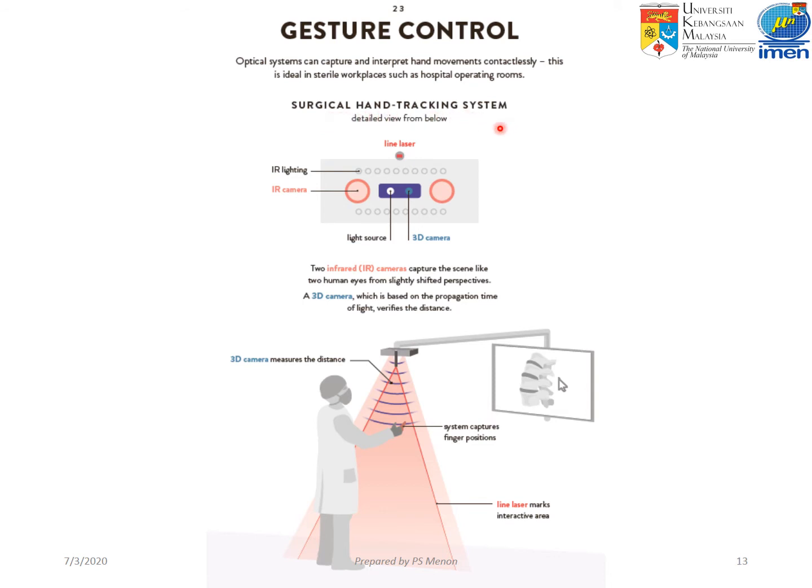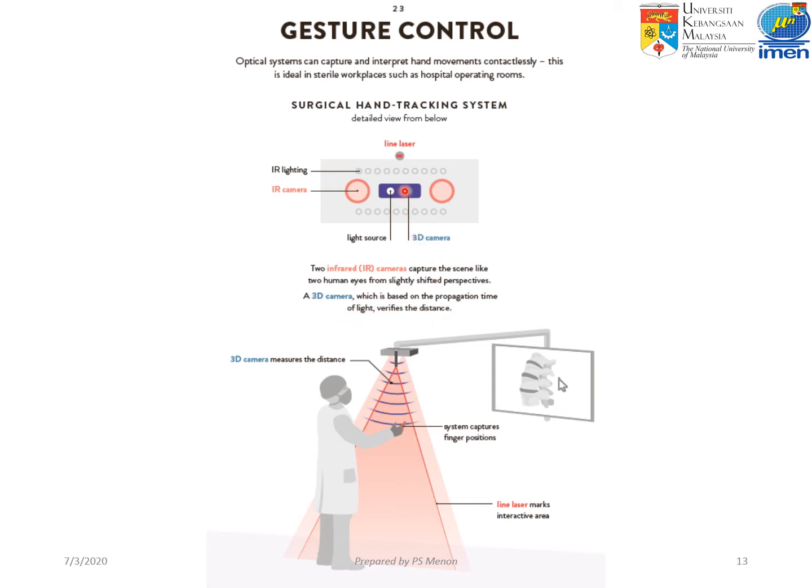So basically it comprises a line laser, and also there is an IR lighting, an IR camera, a light source, and also a 3D camera. So you have two infrared cameras, we call them IR cameras. They capture the scene like two human eyes from slightly shifted perspectives, and then a 3D camera which is based on the propagation time of light verifies the distance.